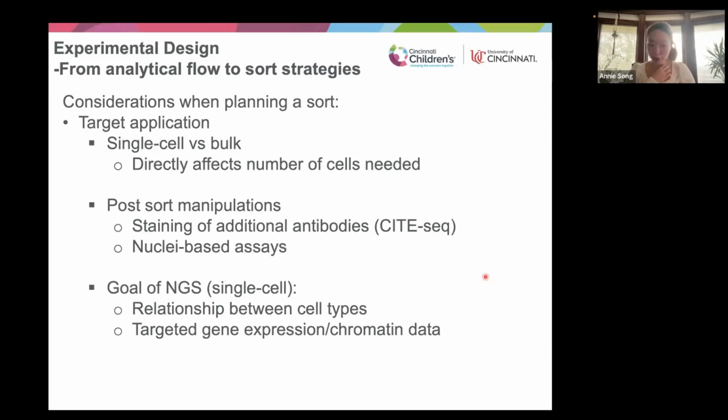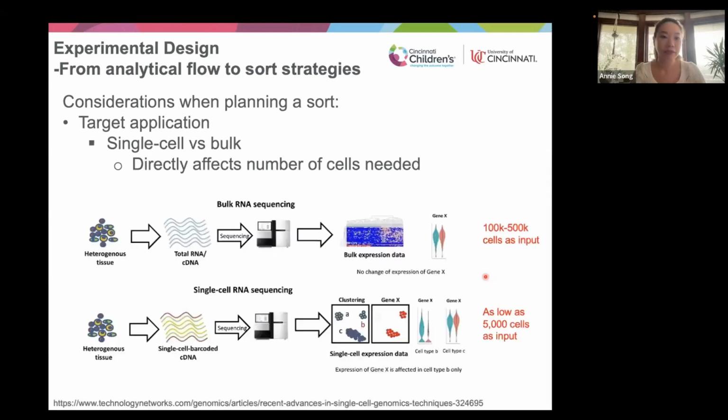Because in hematology especially, a lot of times we're studying a relationship between cell types: one progenitor to another progenitor, or a multipotent progenitor to bipotent progenitor to unipotent progenitor. But in some of the other cases, we're doing really targeted gene expression and chromatin data mining. So for example, if you're really interested in one specific progenitor type, you might only want to limit the assay to focus on that cell type. And those will actually change your approach drastically.